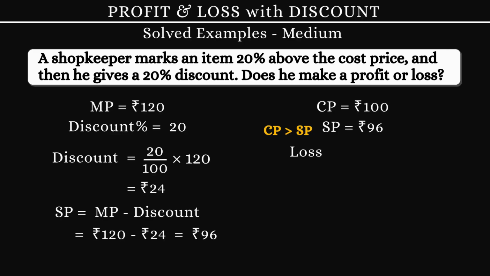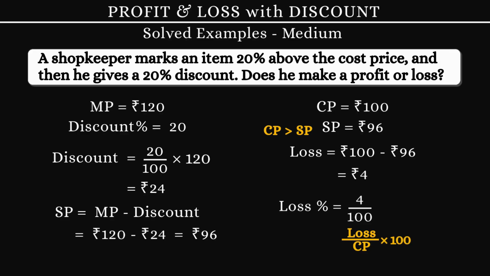original value. Also, if you want to find out the loss, it will be 100 minus 96, which is 4 rupees. And the loss percentage is loss divided by cost price into 100. 4 divided by 100 into 100 will give us 4%.